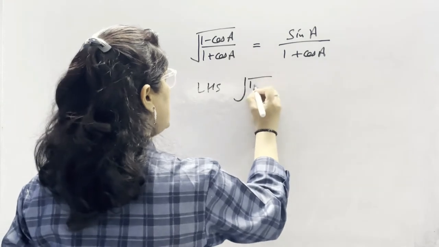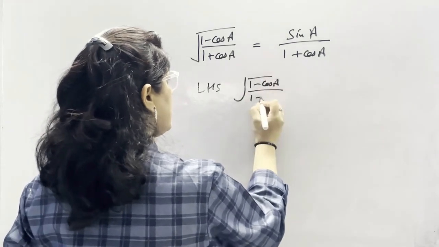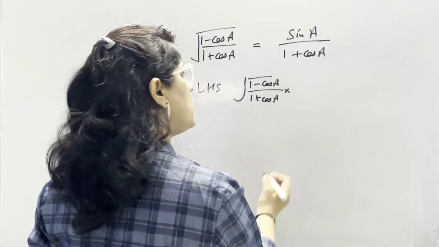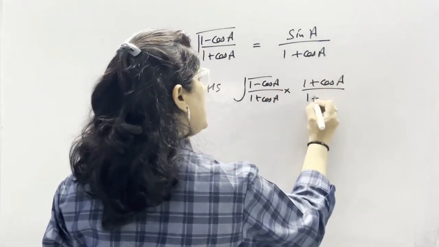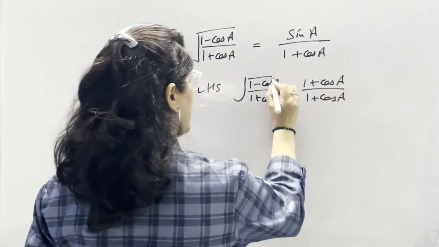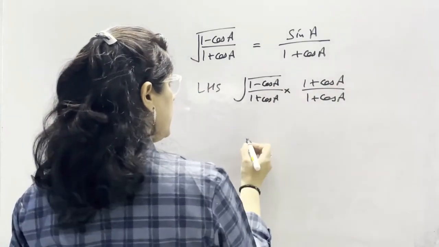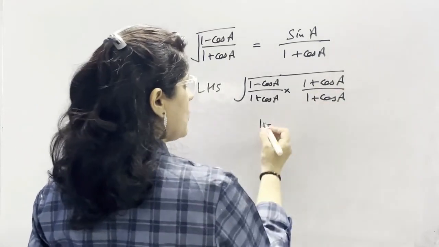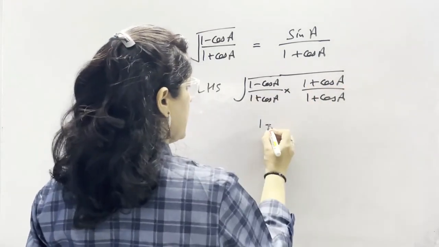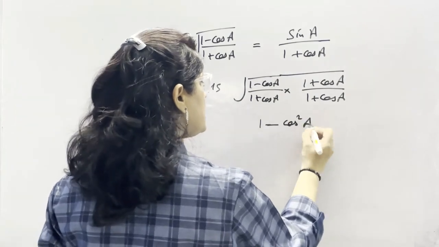It means under root (1 minus cos A) upon (1 plus cos A), and we need to multiply both numerator and denominator by (1 plus cos A). So in the numerator, 1 minus cos A, 1 plus cos A, it means A minus B, A plus B, which means A square minus B square.